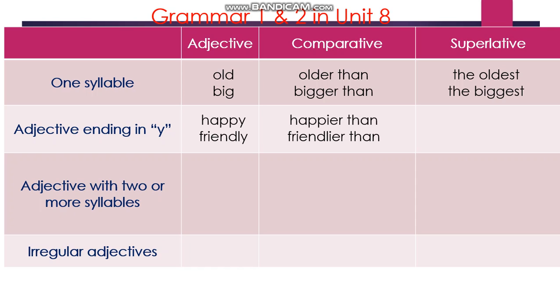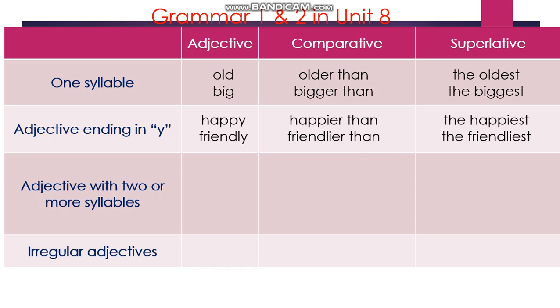We have two ways. So, superlative, we will use the happiest or the most happy, and the friendliest or the most friendly. We have two ways too.